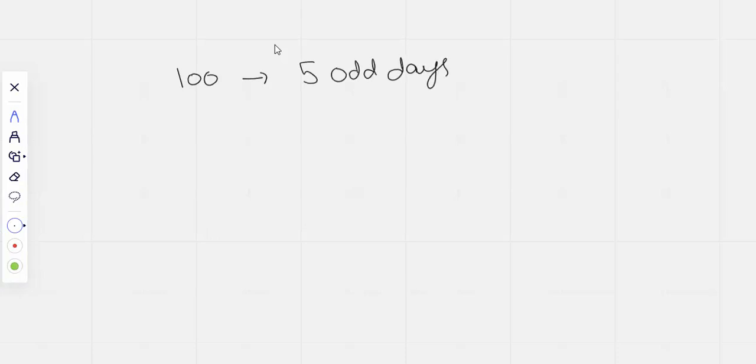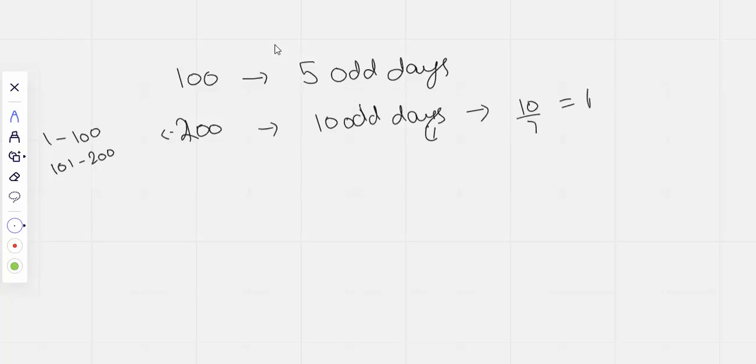If you repeat this for the next 100 years, so for 200 years, it will have 10 odd days, combining the first 100 years and years 101 to 200. If you divide by 7, you get a remainder of 3.